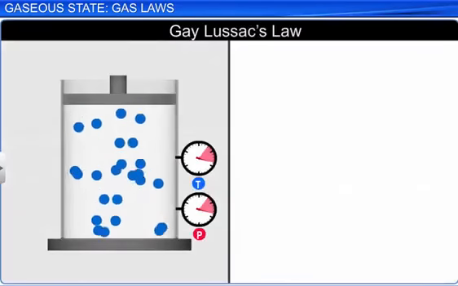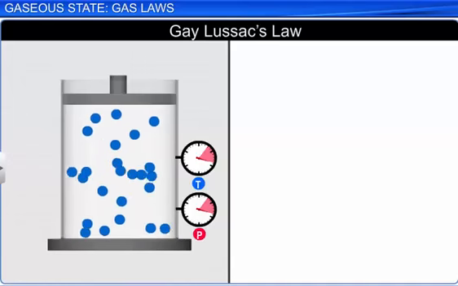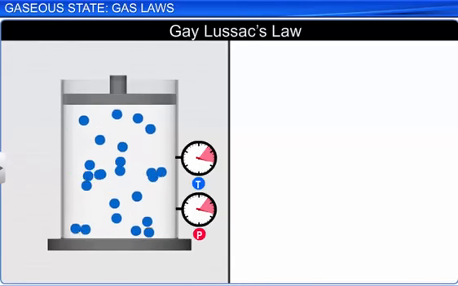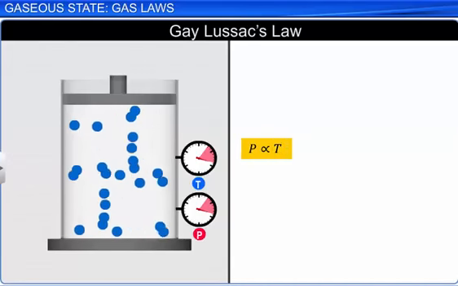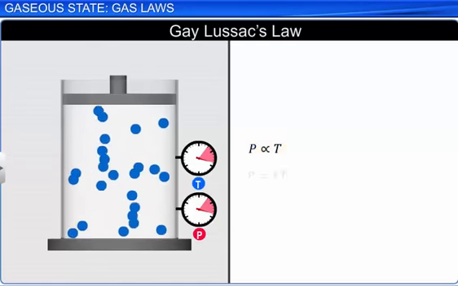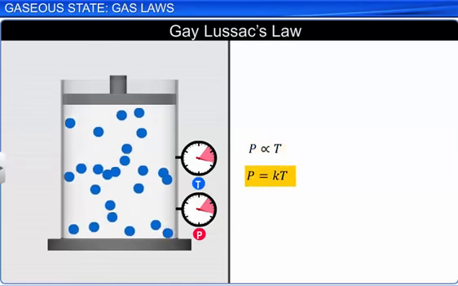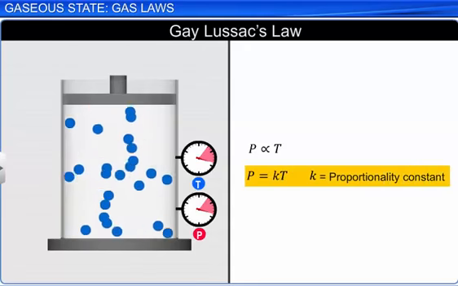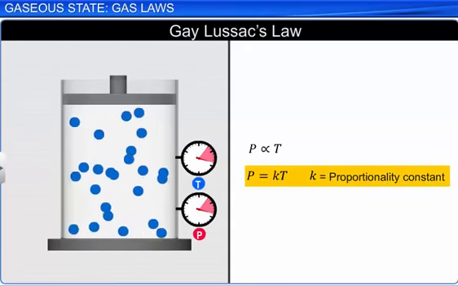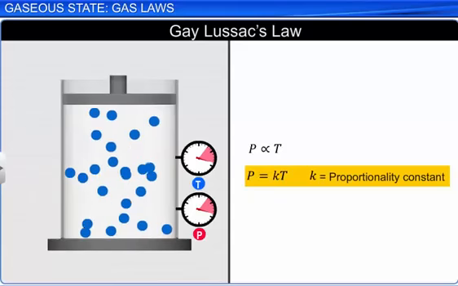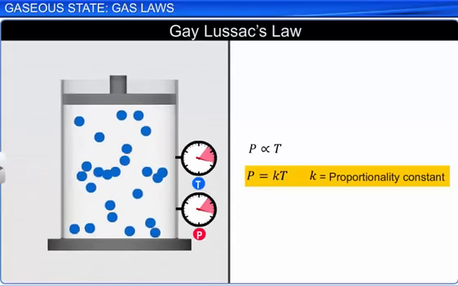Mathematically, Gay-Lussac's law can be written as P is directly proportional to T, or P is equal to kT, where K is the proportionality constant. The numerical value of the constant K depends upon the amount of the gas taken and the volume.